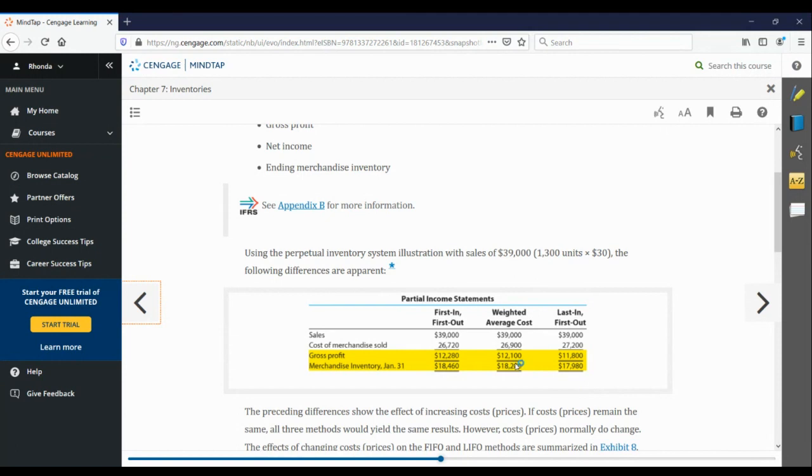That's lower than the first in, first out method, but higher than the last in, first out method. The merchandise inventory follows the same pattern. The merchandise inventory for the weighted average cost method falls in between the first in, first out method and the last in, first out method.